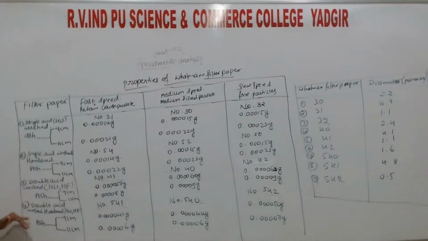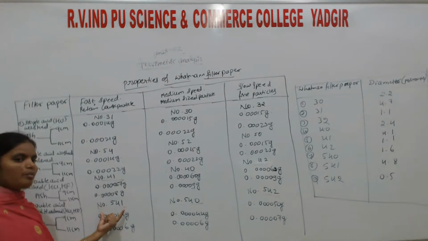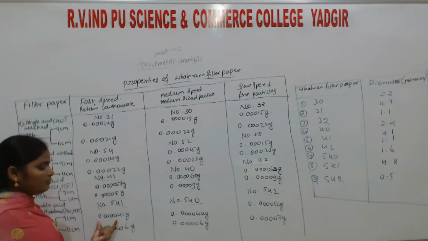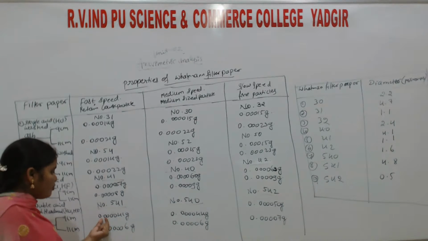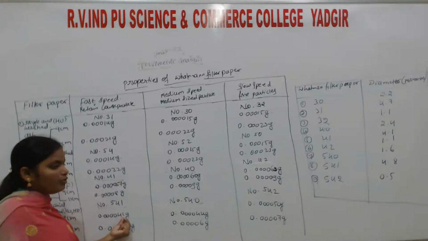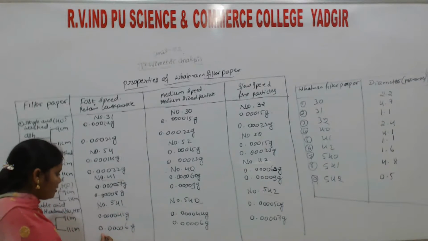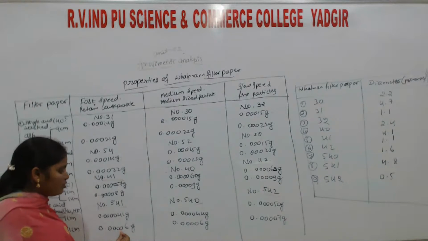And finally, the fourth type, double washed, HCl and HF used, ash is present in 9 centimeter and 11 centimeter. In 9 centimeter, Whatman filter paper number 541: the weight present is 0.00041 gram, and in 11 centimeter 0.00006 gram.